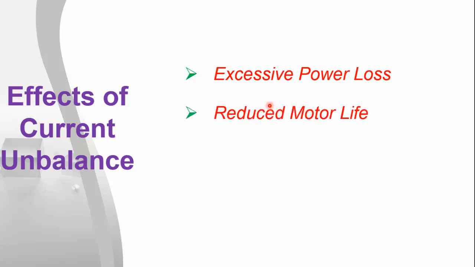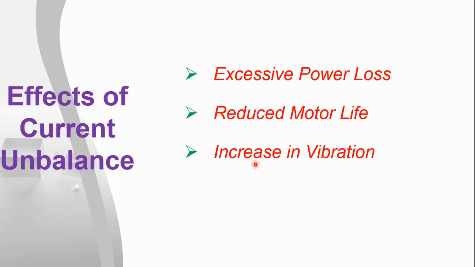Therefore, it will ultimately lead to excessive power loss. And since there is excessive I square R or copper loss in the case of unbalanced currents, the motor temperature will increase, due to which the winding insulation will fail, resulting in reduced motor life.